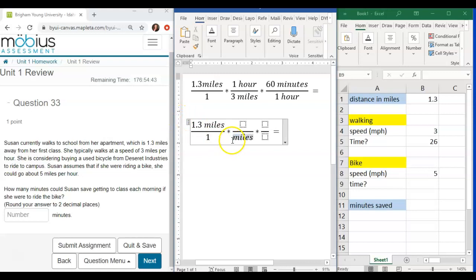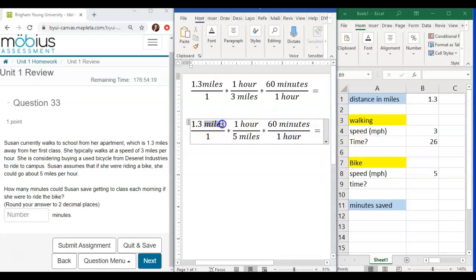And it's 5 miles in 1 hour. And then to get rid of the hour, we need to multiply again by 60 minutes per 1 hour so that the hours will cancel.